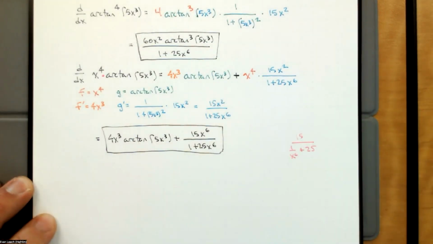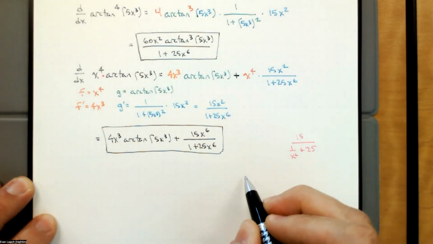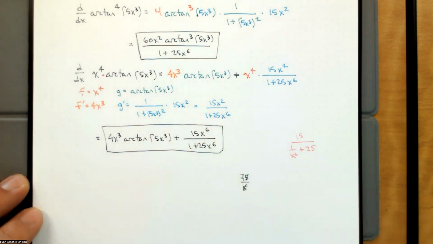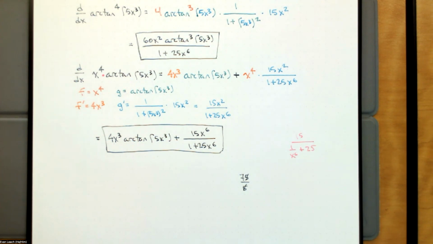If I take, let's say, 75 and divide it by 5, I can't just cancel these 5s. Because when I write 75, that 5 is included by addition. Right? That 5 is included by addition.